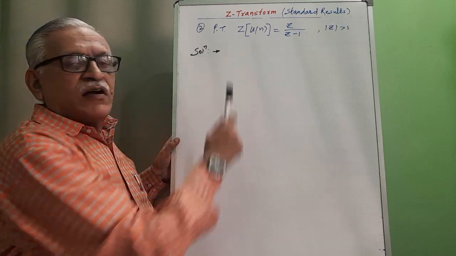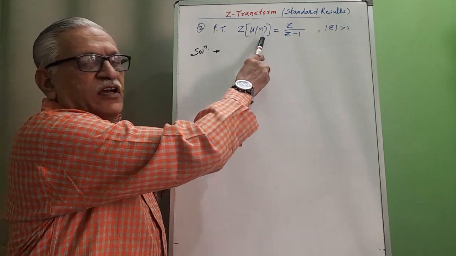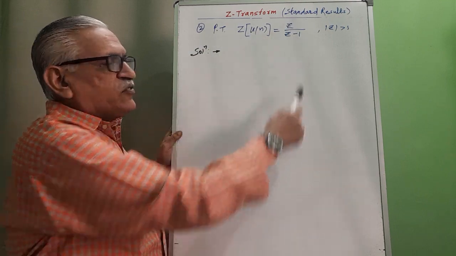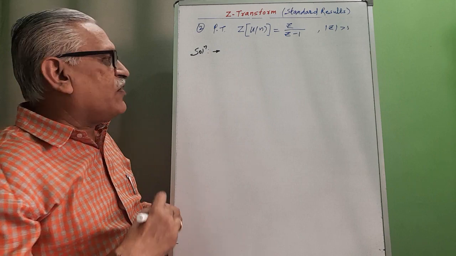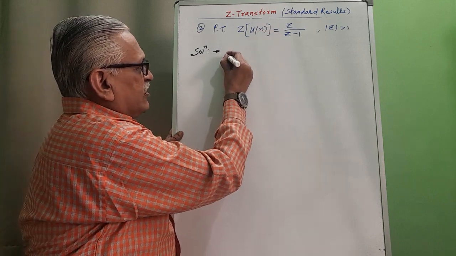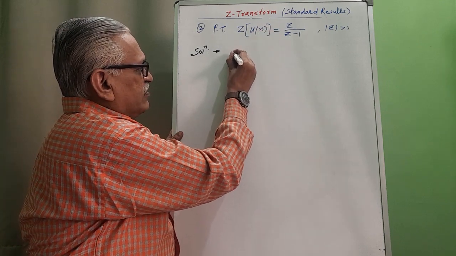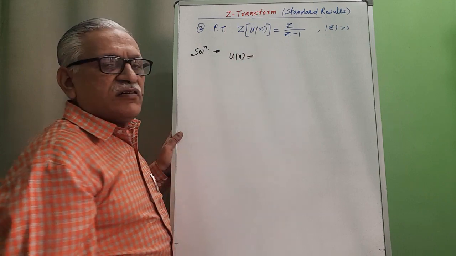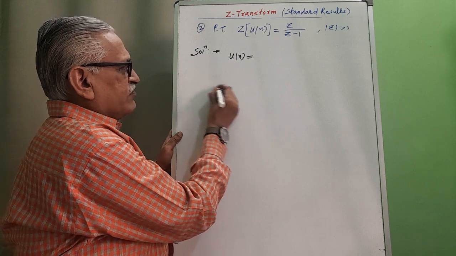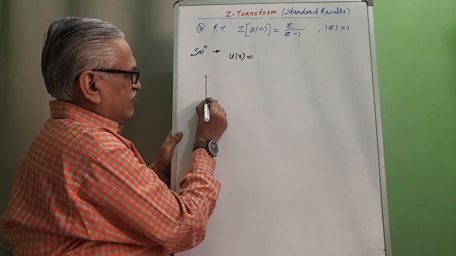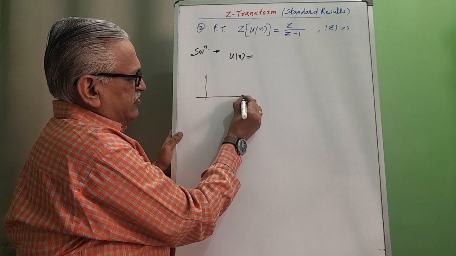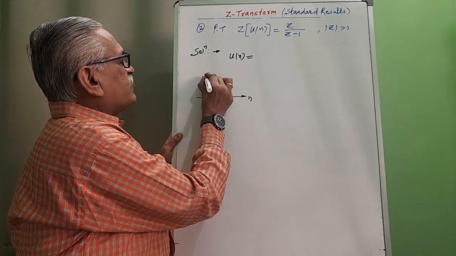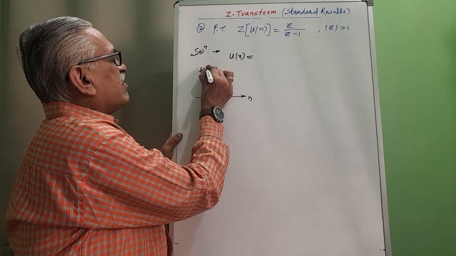Second example: prove that Z transform of u of n, the unit step function, is z upon z minus 1, condition mod z greater than 1. First of all, I will define that term u of n. With the help of the figure, on the x-axis we take the values of n, and on the y-axis we take the values of f of n.